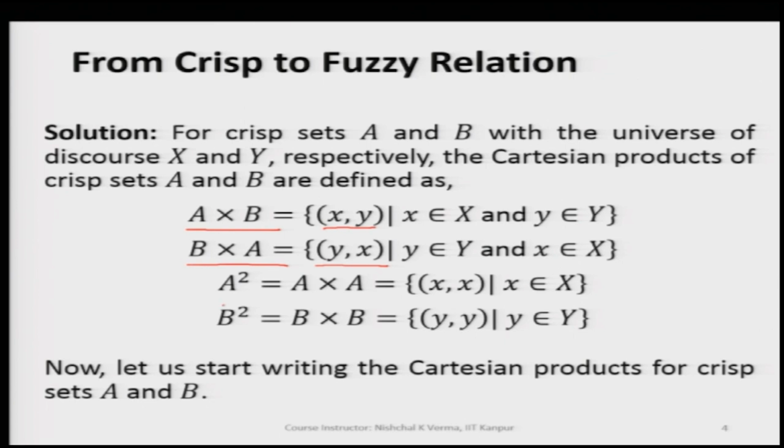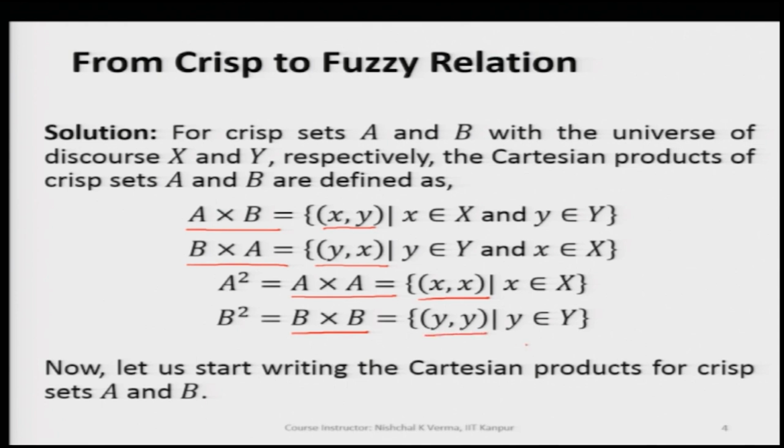Similarly, if we are interested in finding A cross A, all the pairs will have both elements from the set A. And in B cross B, we will have a collection of pairs where all the elements are from the same set B.